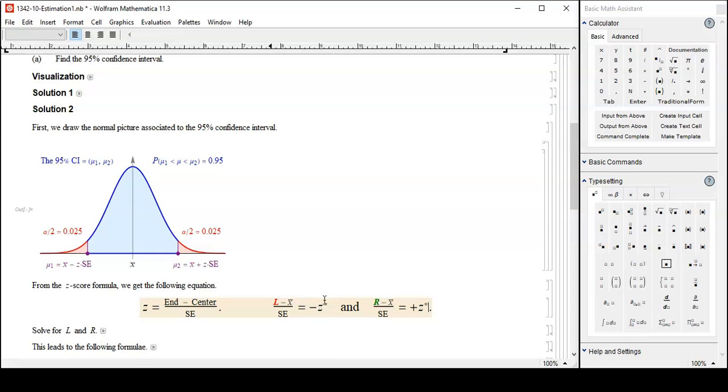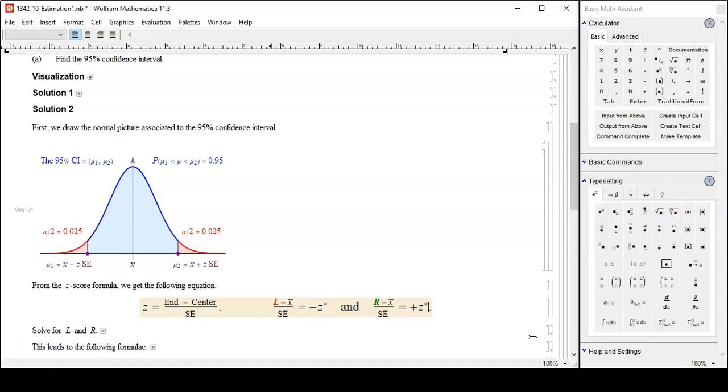So for left-hand side, we have negative z. For right-hand side, we have positive z. And what is that z-score? You have to look up and find that z-star value. It turns out that z-star is 1.96 for a 95% confidence interval. But for a different confidence interval, you have to read the table and figure it out.